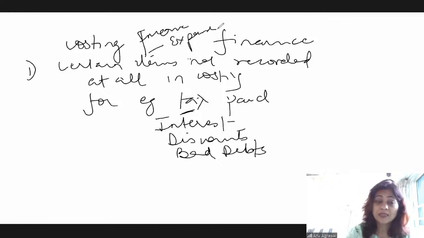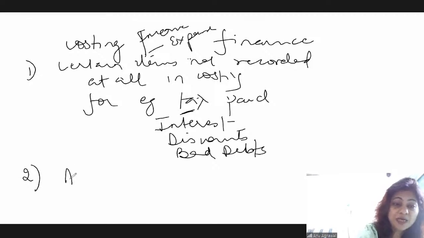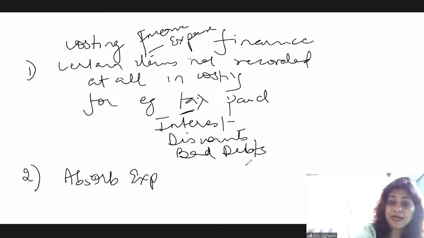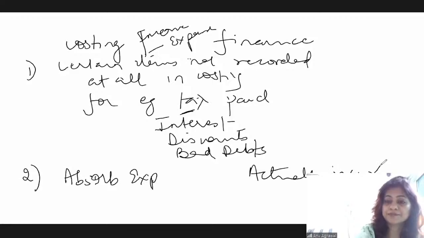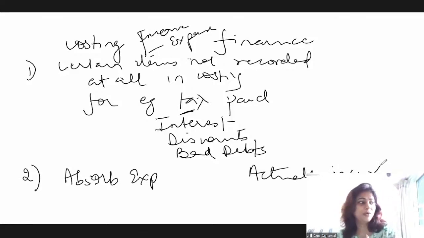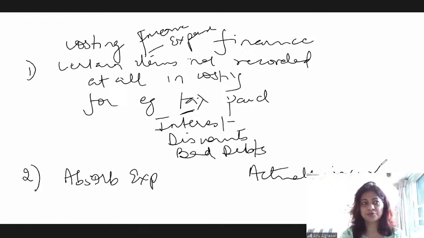Am I clear? The second big reason for difference is that in costing, we absorb expenses, and in finance, what you actually incur is recorded. So if you have actually incurred wages, or office salaries, or rent, which are technically known as administration overhead, in costing we will absorb those overheads on the basis of a predetermined rate which we have calculated.